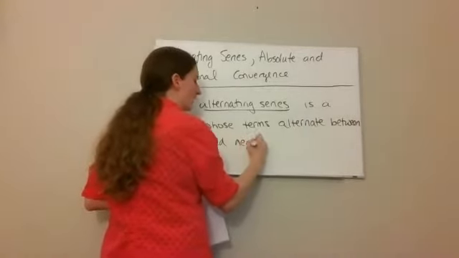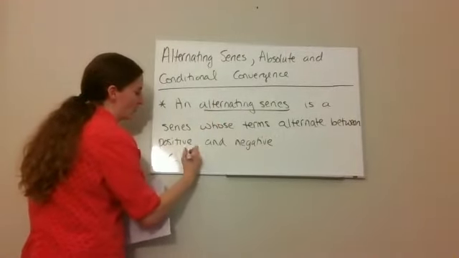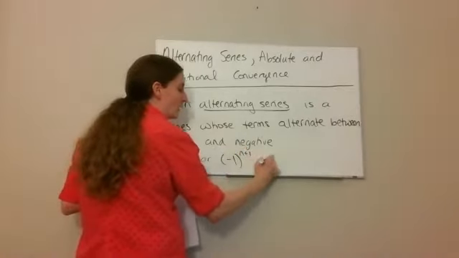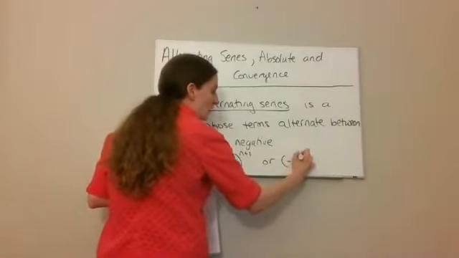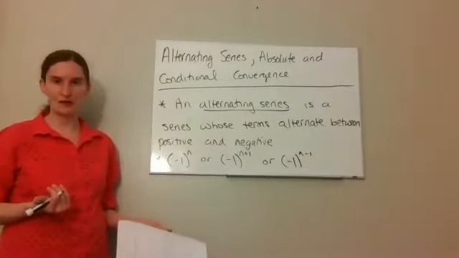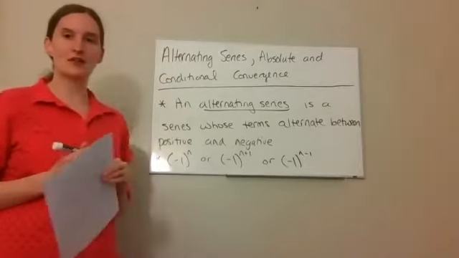Your alternating series are always going to contain a (-1)^n, or a (-1)^(n+1), or a (-1)^(n-1), something like that, so that when we plug in different values for n, we get alternating between positive and negative.